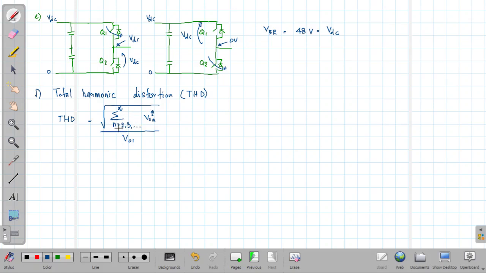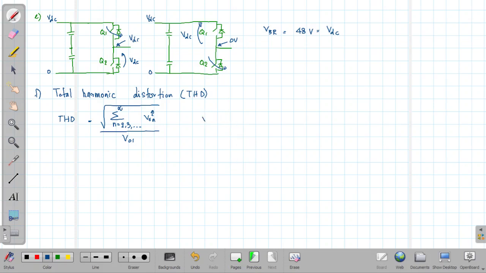When you want to calculate the THD value, we have already calculated VO1, but we haven't calculated this harmonic addition, so we need to calculate that first.